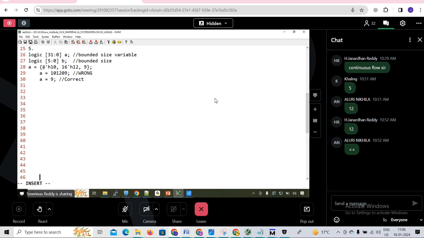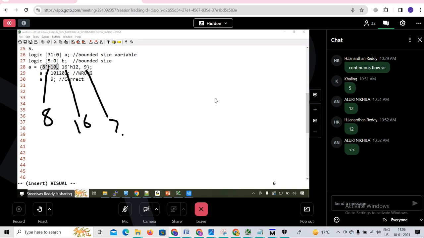This is a bounded size. When you say bounded size, it means it has boundaries. The size of that variable is 8. What is the size of this? 16. What is the size of this one? It is unbounded. It means you haven't given any boundary. If you don't give any boundary, it takes a default boundary.